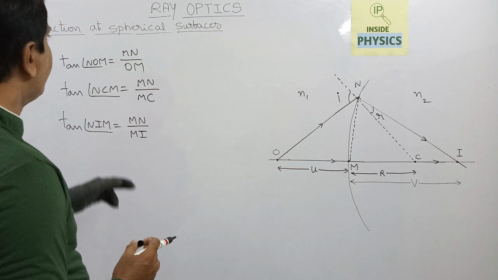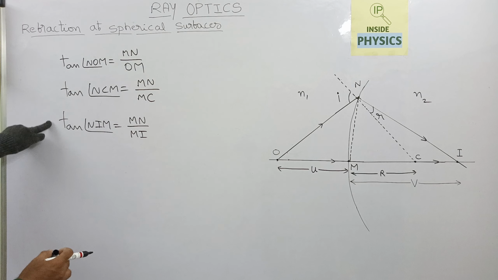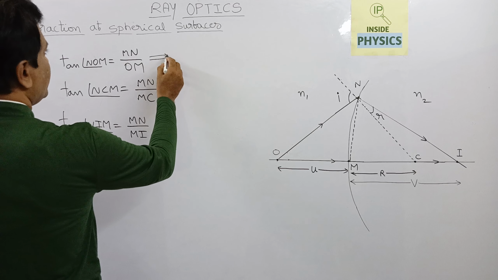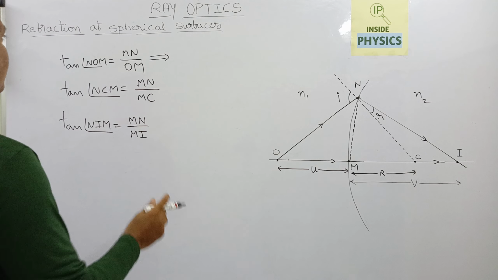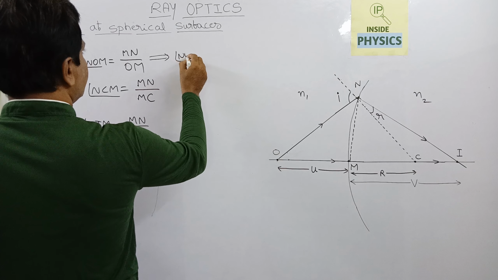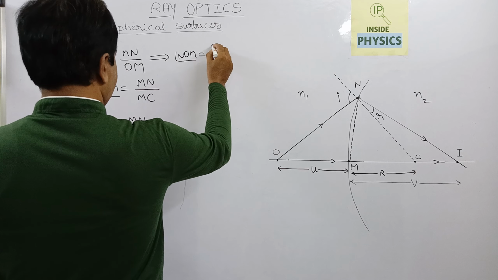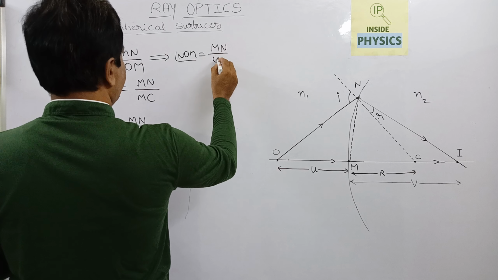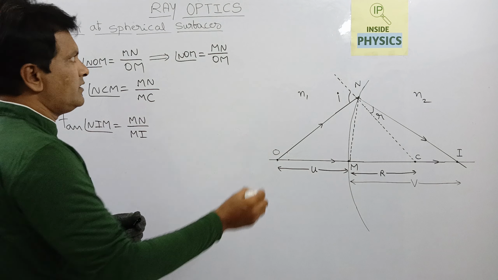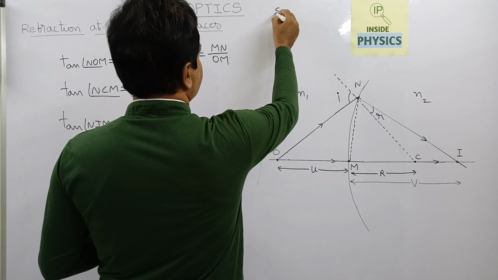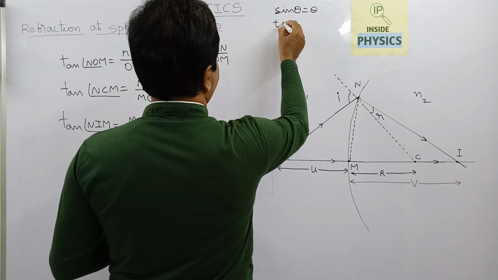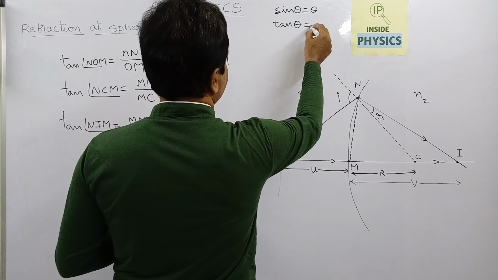If you observe these three equations, for small angles, if theta is very small, we can ignore tan and write angle NOM is equal to MN by OM. We know that for very small angles sin theta is equal to theta, or tan theta is equal to theta.